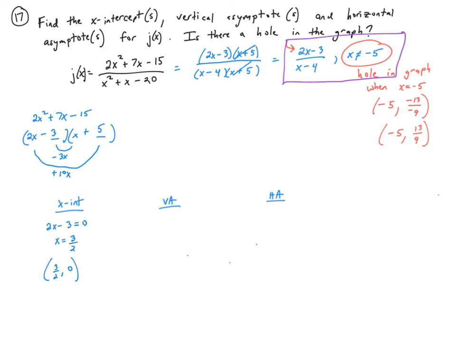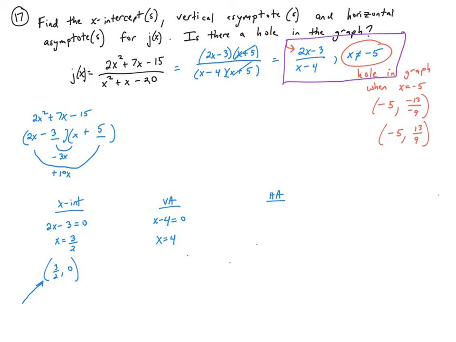To find the x-intercept, set the numerator equal to 0. We'll get the point 3/2, 0. Remember that the x-intercept is a point, so our final answer should be a point. To find the vertical asymptote, set the denominator equal to 0, and we'll get the equation x equals 4.